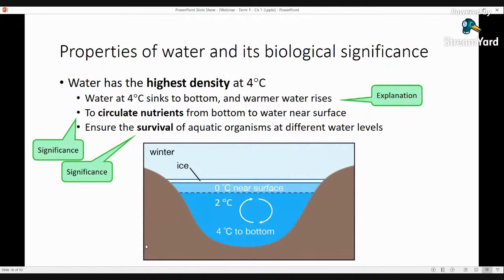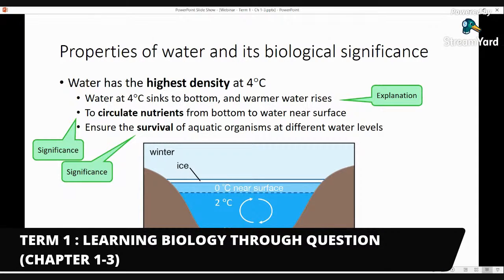Then the other one, also related to ice, is that water has the highest density at 4 degrees Celsius. As the ice forms on the surface of the water body, the temperature of the water below the ice will drop. When it drops to 4 degrees Celsius, the water at 4 degrees Celsius has the highest density, so it will sink.